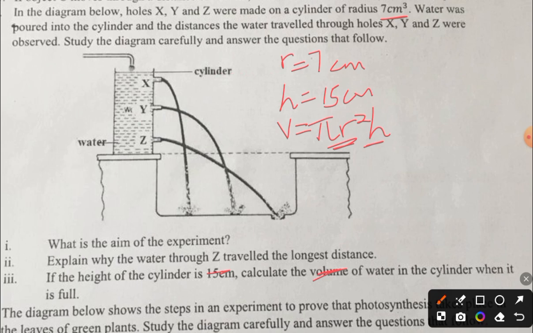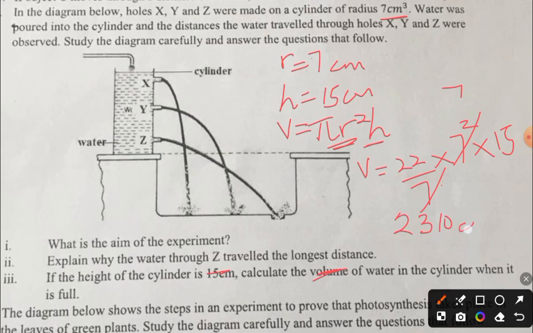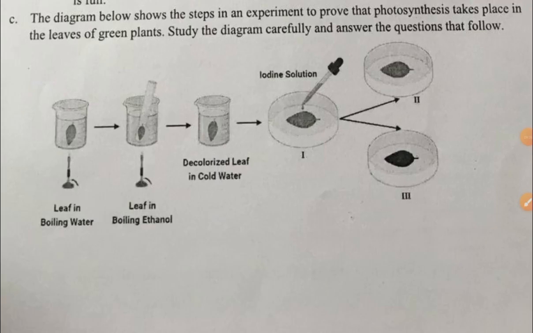So V equals 22 over 7 times 7 squared times the height, which is 15. So 7 here cancels 1 seven here, so you have 7 here. So 22 multiplied by 7 times 15, 2,310 centimeter cube. So this is question 1C.